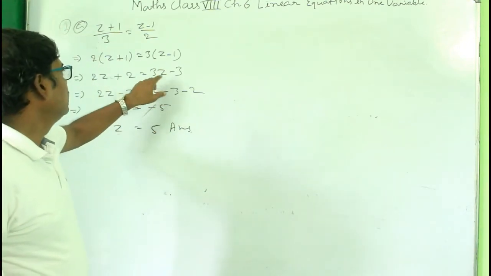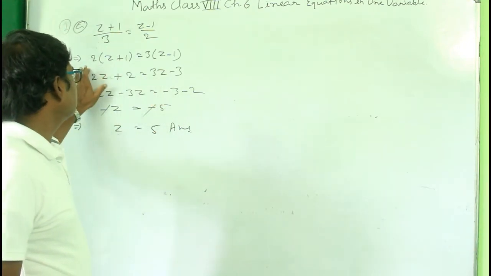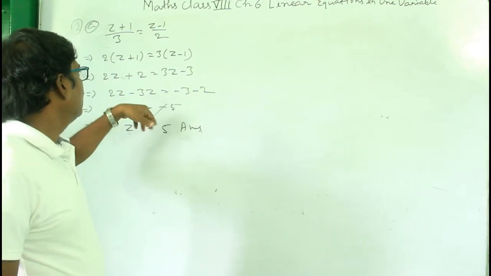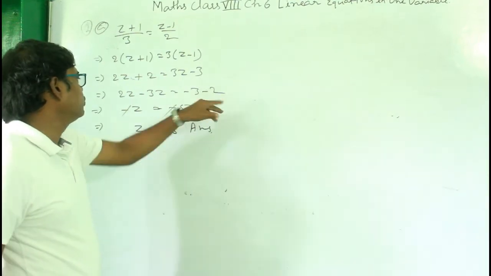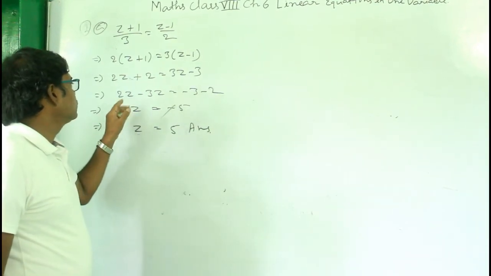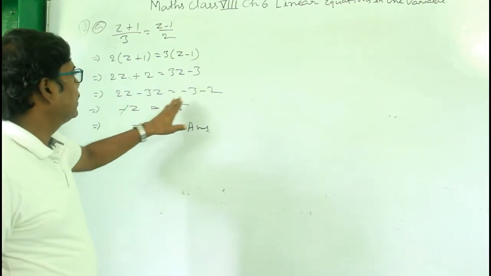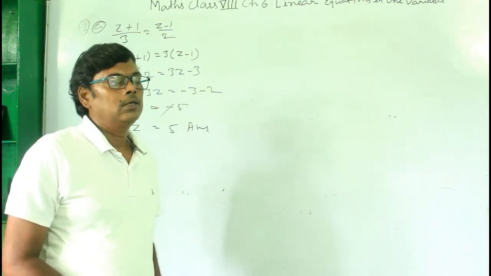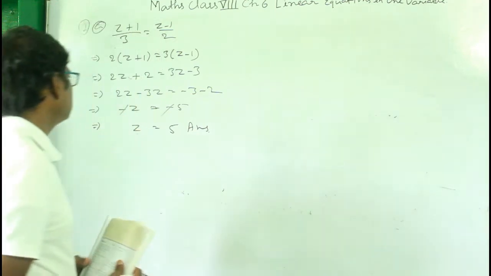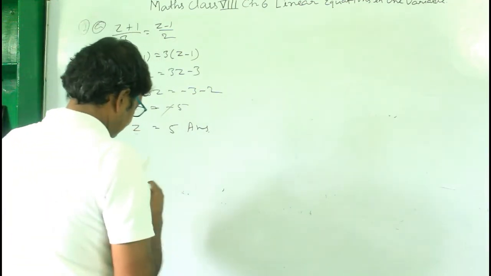So move 3z to the left side, it becomes minus 3z, and move 2 to the right side, it becomes minus 2. Then 2z minus 3z equal to minus z, and minus 3 minus 2 equal to minus 5. Cancel the negative sign on both sides. Then z equal to 5 is the answer of this question.